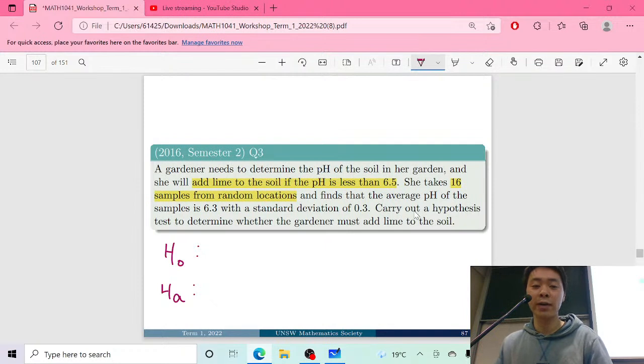So we want to find evidence that she will add lime to the soil, meaning that the pH is less than 6.5. So we want the mean pH to be less than 6.5. And if we can find evidence for this, then we will determine that she will add lime to the soil. And as a result, the null hypothesis is that the average pH is 6.5.